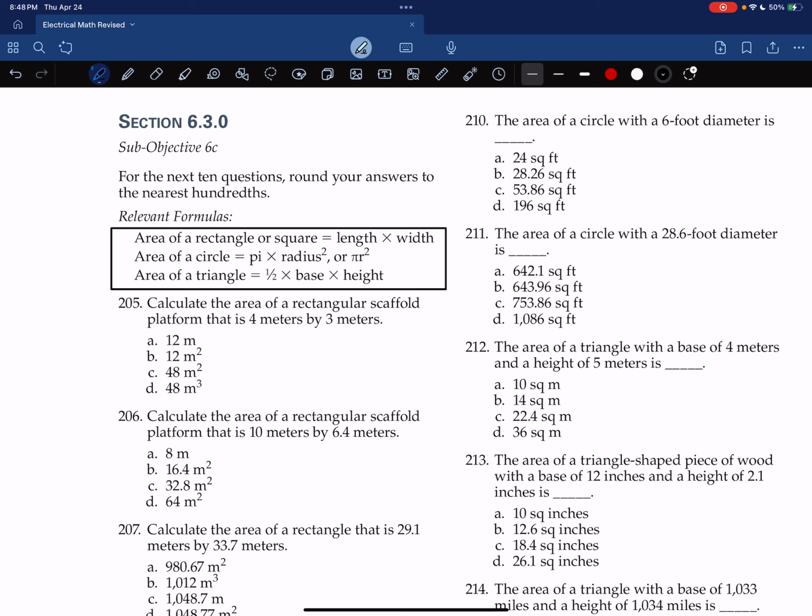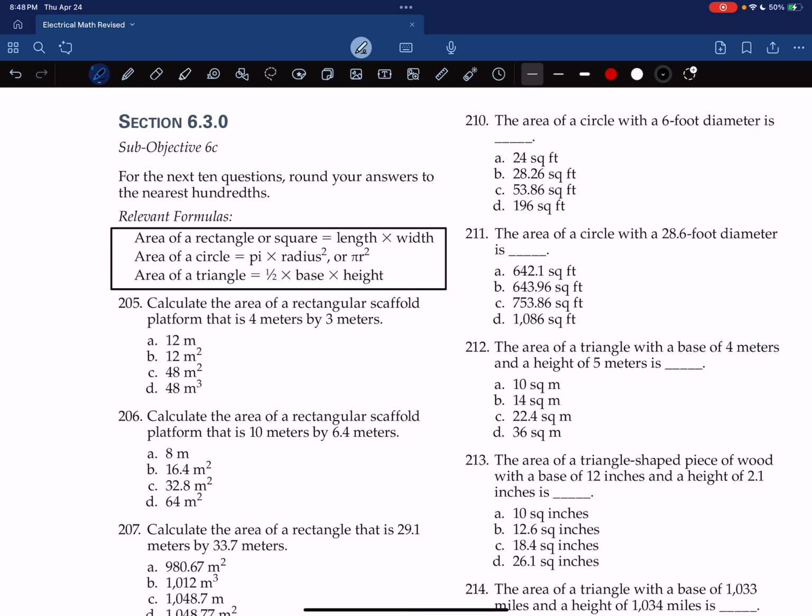Now, I learned a long time ago to draw these, and here's one of the many reasons why I do. You always want to be sure that these units match, that you are actually comparing apples to apples, oranges to oranges. Because if you're not, you have to fix that before you can go any further.